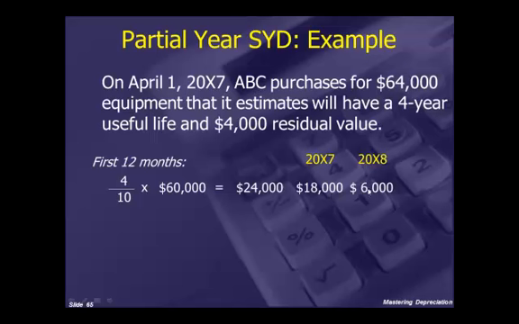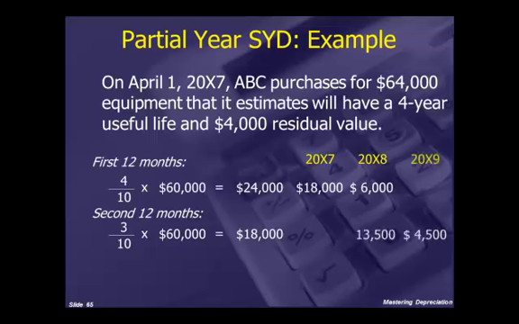And for 2008, the remainder, you take 24,000 less 18,000, leaves 6,000, using this first fraction for 2008. Now, the second 12 months, the fraction drops. Remember, our denominator is 10. That's the sum of the year's digits. But we drop to where we're using the fraction 3, so 3 years remaining, times 60,000, that's 18,000. Well, we're going to have to split it because it's prorated.